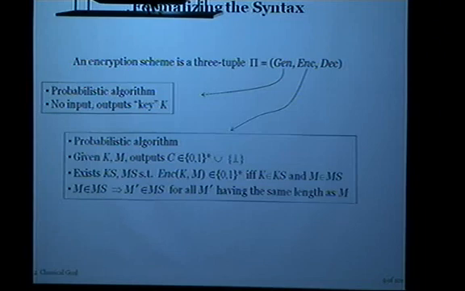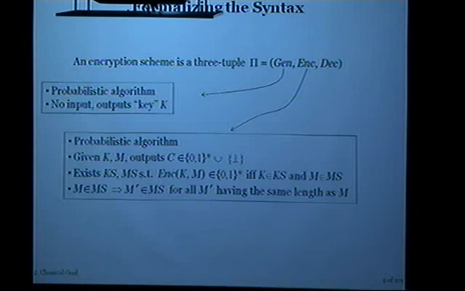What is the encryption component of our encryption scheme? This is a probabilistic algorithm. It's fed two inputs, a string k, which I call the key, and a string m, which I call the message or plaintext, and what does it output? It outputs a ciphertext c, which is either a string or a distinguished value, meaning I don't want to encrypt this. Okay?